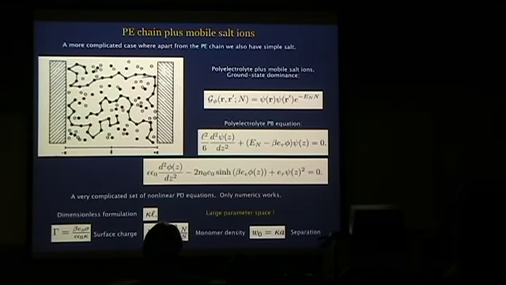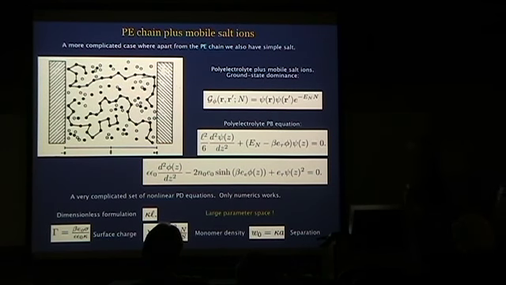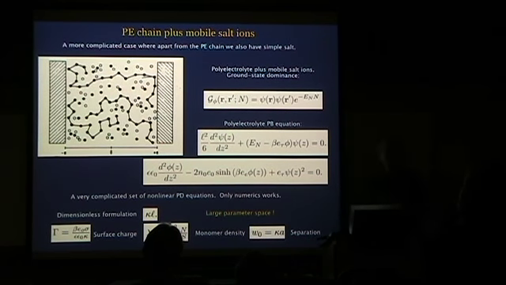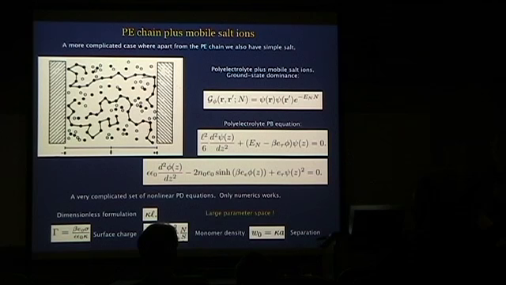So now we want to be more realistic, so we go to a more complicated case. And the more complicated case, already very complicated actually, is many polyelectrolyte chains with also simple salt. So you have sodium chloride and a solution of polyelectrolytes.